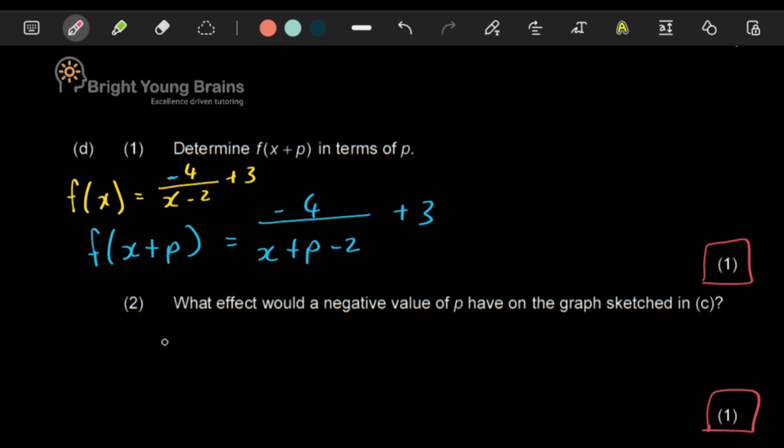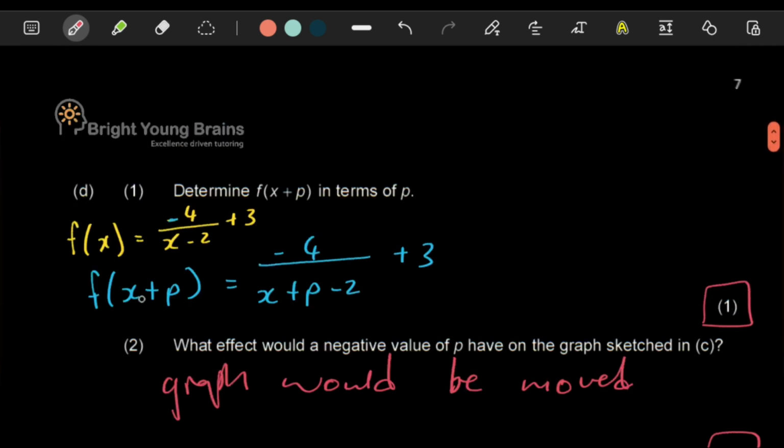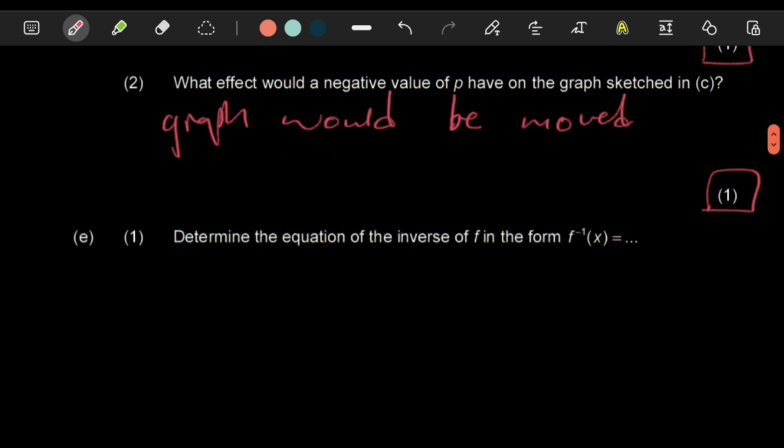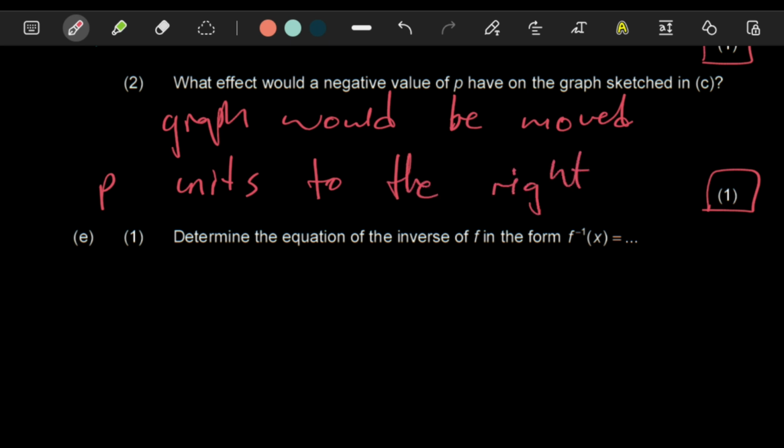So let's say the graph would be moved p units to the right. But then let's think about it. Would the graph, wait, p units to the right?